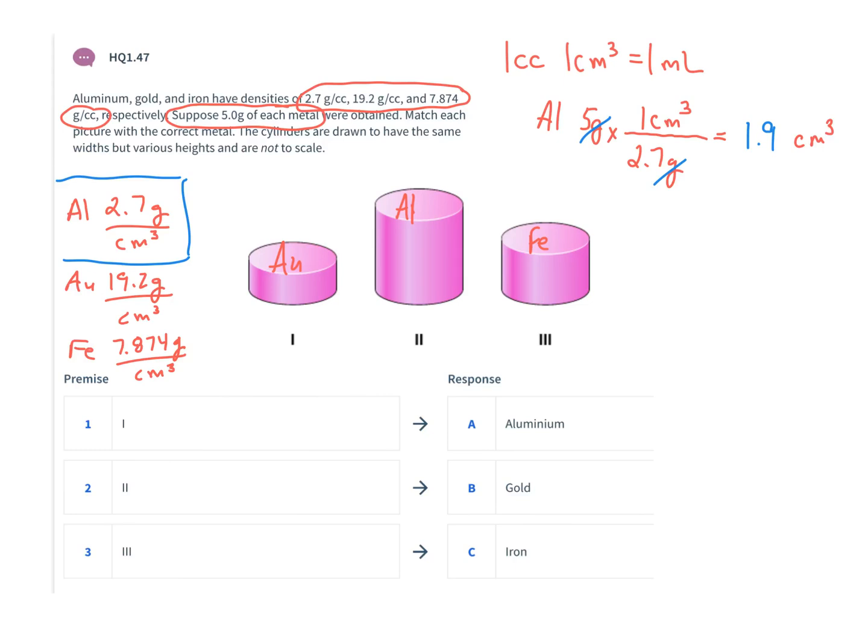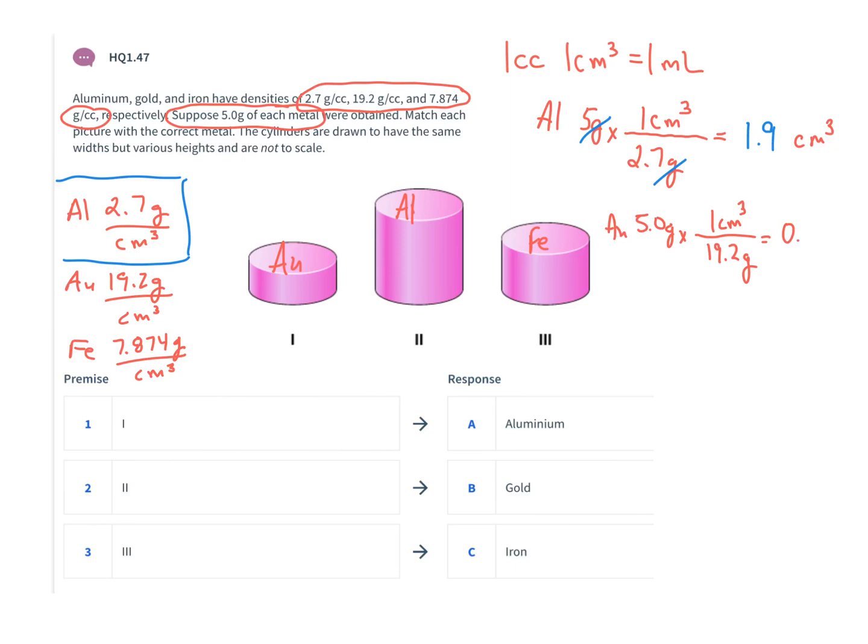Do the same calculation for gold. I have 5 grams of gold, and the density of gold is, for every 1 cubic centimeter of gold, I should have 19.2 grams of gold. Well, we have much less than 19.2 grams of gold. I actually only have 5 grams, so I should have less than 1 milliliter, 1 cubic centimeter of gold. I do that calculation.